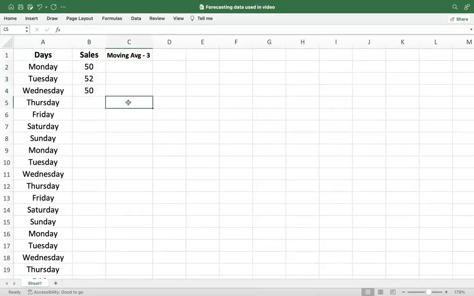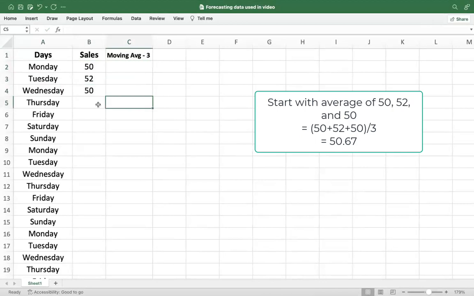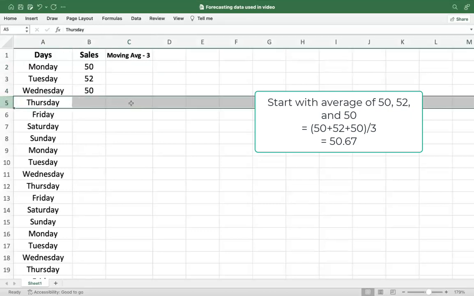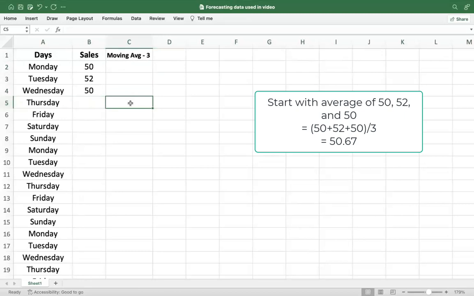Because this is the forecast for Thursday, remember, I will insert the formula in this cell. I cannot start from here or here. It must be here, because this is the forecast for Thursday. The formula will be equal to AVERAGE, and I take the average of these 3 values, close parenthesis, and hit enter.